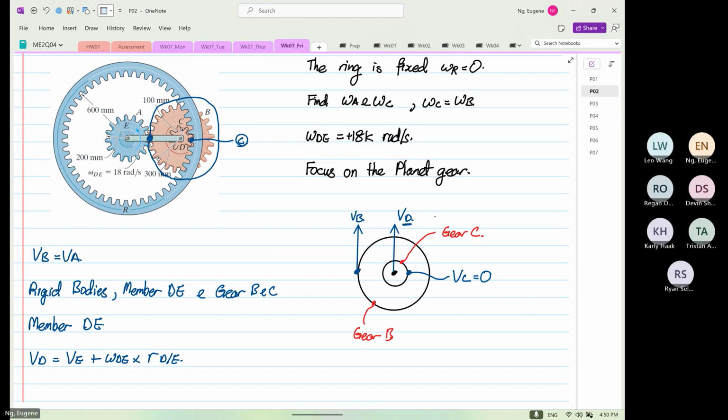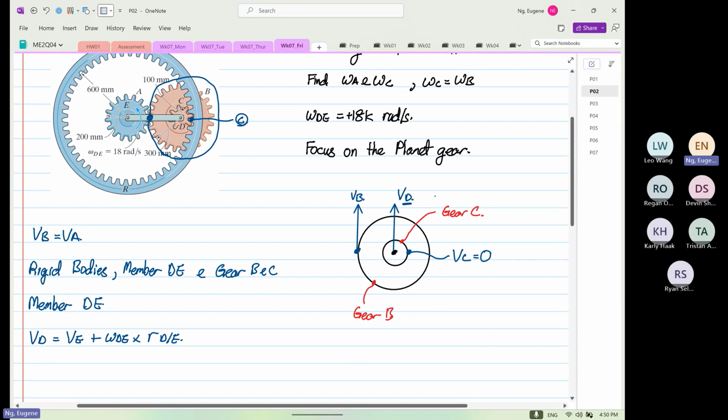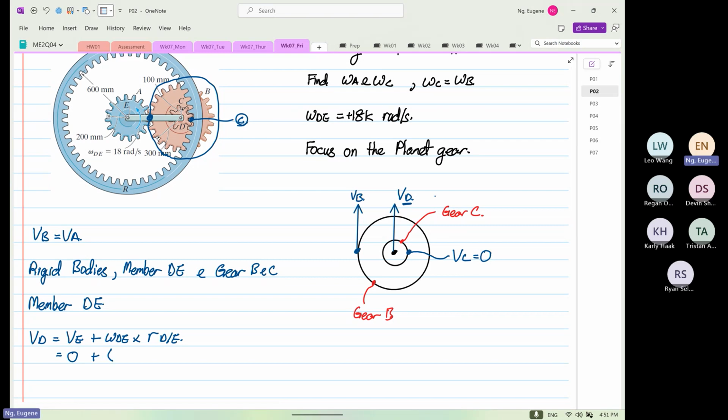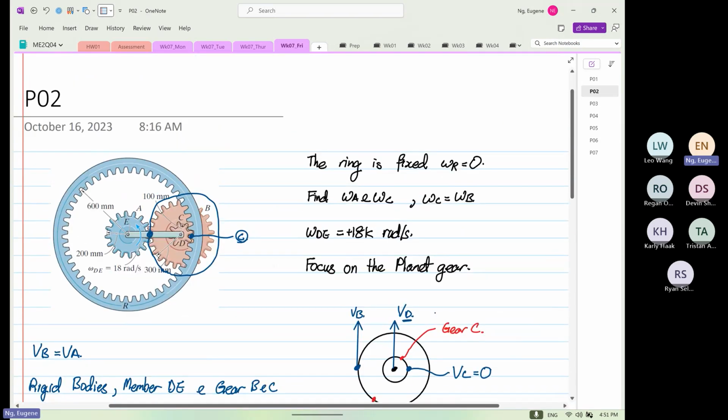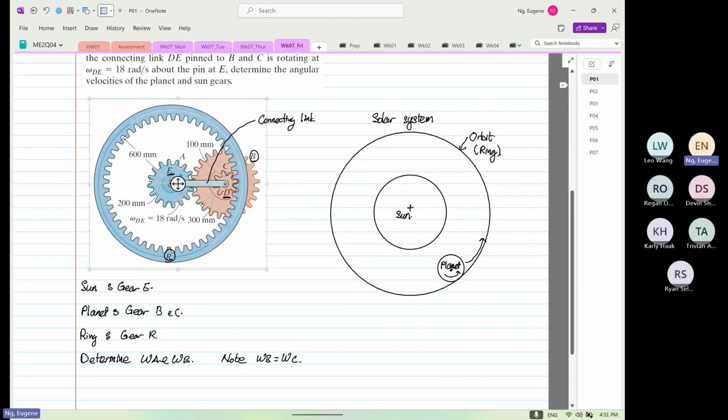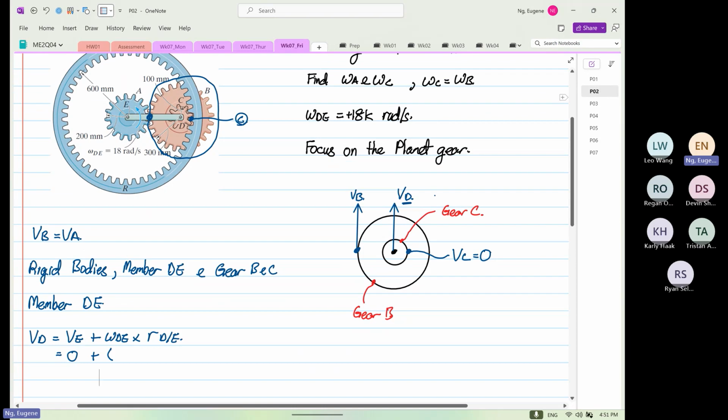You okay? Okay. So for now, we know that VE is equal to 0. Omega DE is given to us, and is rotating anti-clockwise.